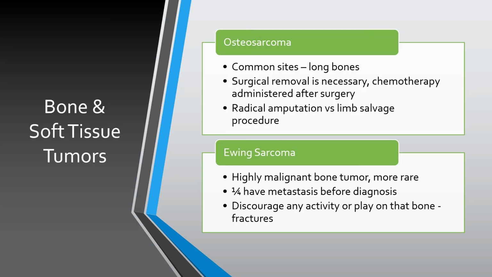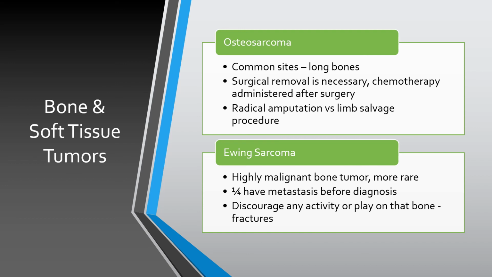Bone and soft tissue tumors are less common than some of the other cancers. Common sites are those long bones for your osteosarcoma. Surgical removal is necessary. Chemotherapy may be administered after the surgery. Radical amputation versus limb salvage procedure.